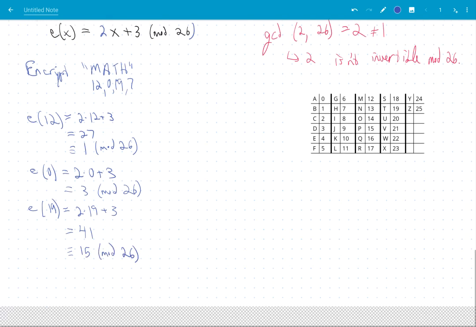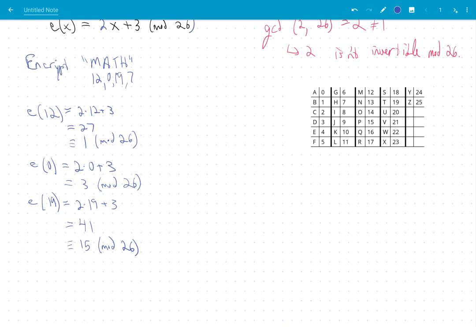Just subtract 26 from 41. Finally, E of H, that is E of 7, is going to be 2 times 7 plus 3. That's the number 17, already reduced mod 26. Okay, so those are our numbers.